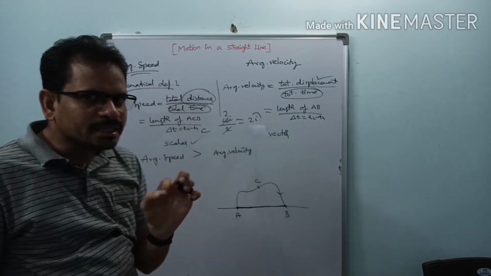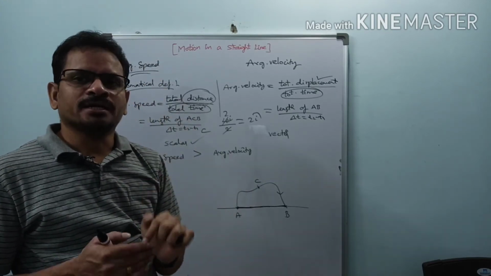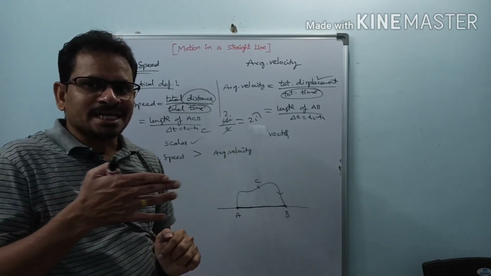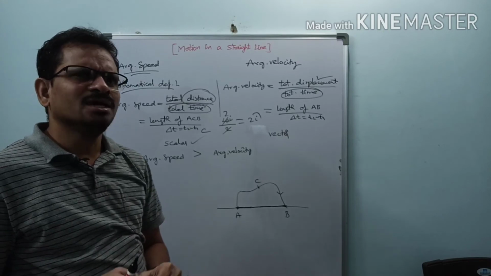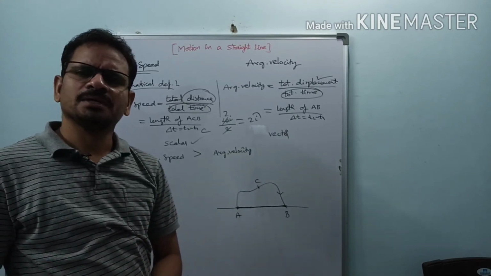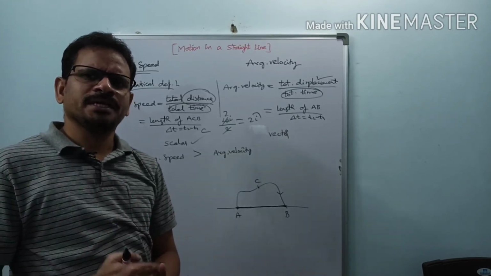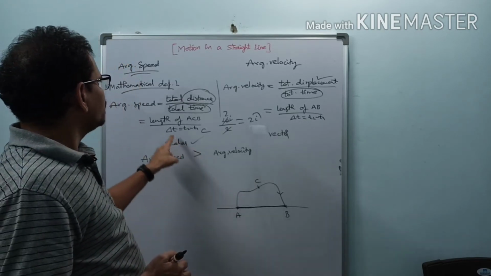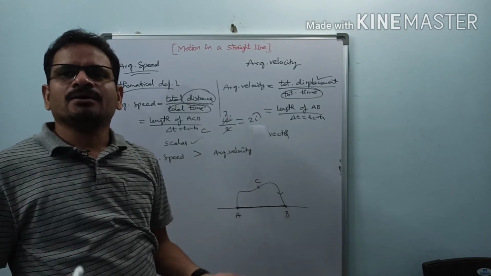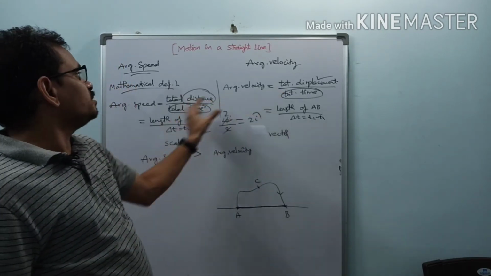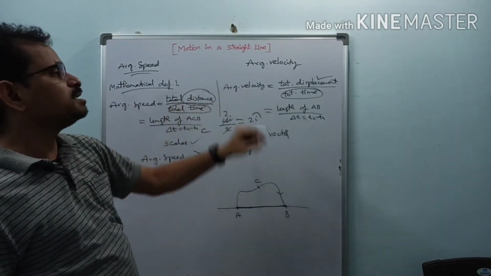So distance and displacement are equal when the particle moves along a straight line. We are talking about average speed and average velocity, no? They depend on distance and displacement, because they are defined in terms of distance and displacement only.